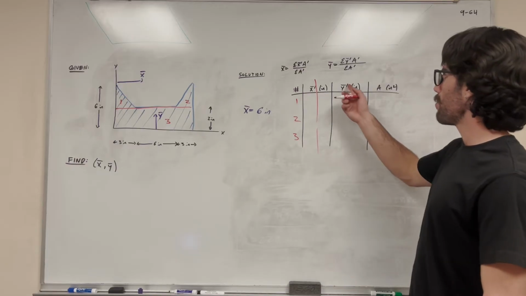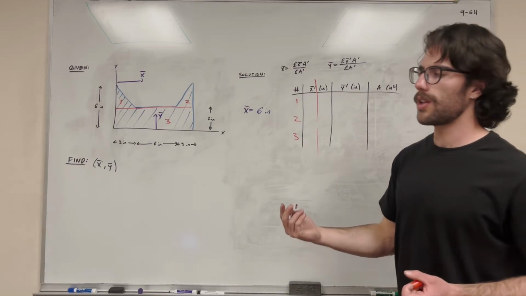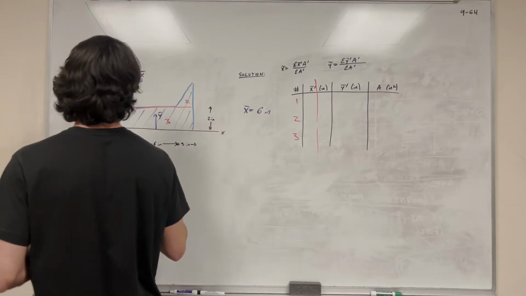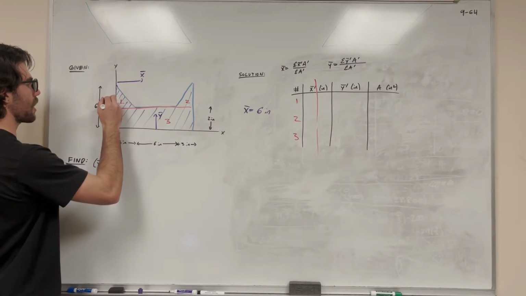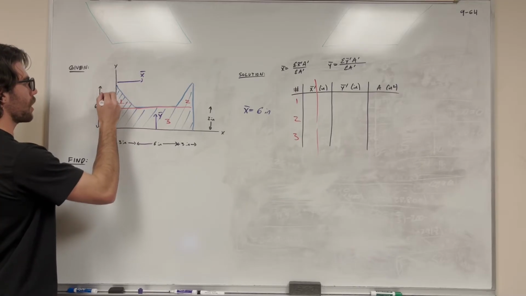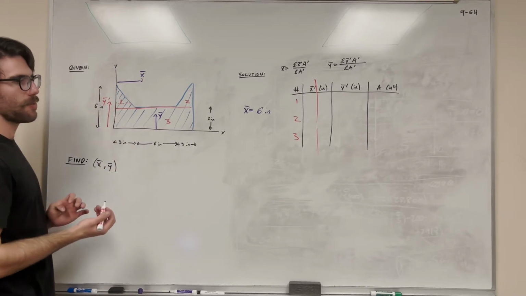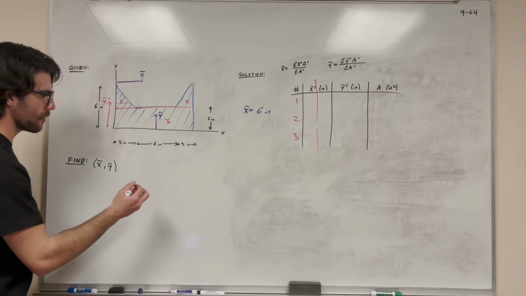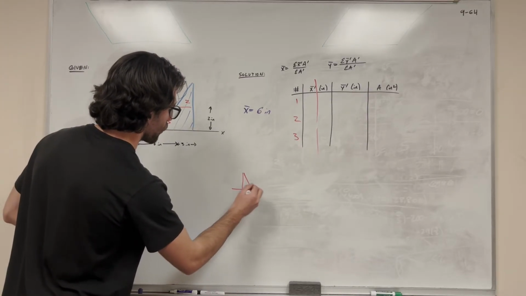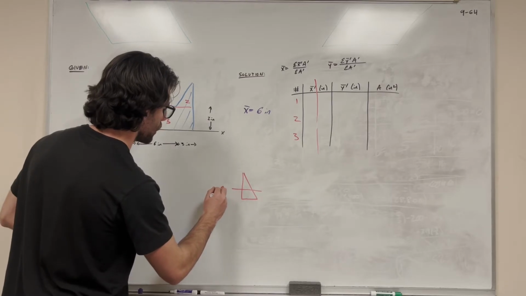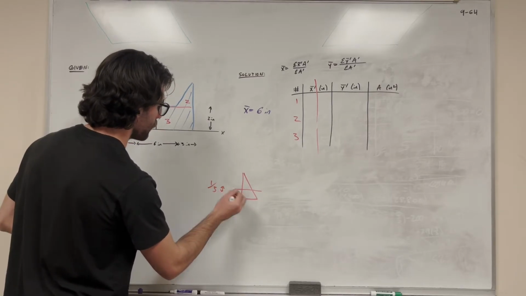So y bar prime is the individual center of mass for each of these shapes. We're going from here, and we have to find the center of mass of this triangle. So this is y bar prime 1. What is the center of mass of a triangle? Say we have a triangle that looks like this. Our center of mass is going to be here, and this is 1/3 the height of the triangle.